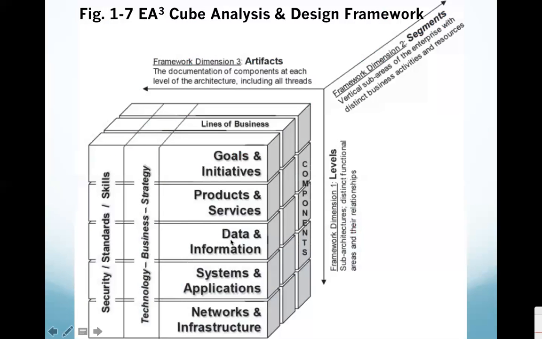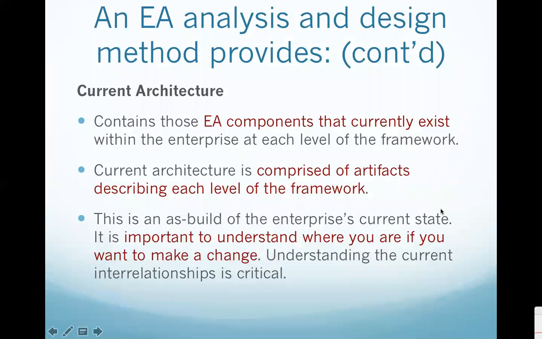So we have data architecture, we have business architecture, we have application architecture. The framework dimension number 2 are these segments, vertical sub-areas, lines of business. And on the horizontal, we have the artifacts that document all of these things, documentation.